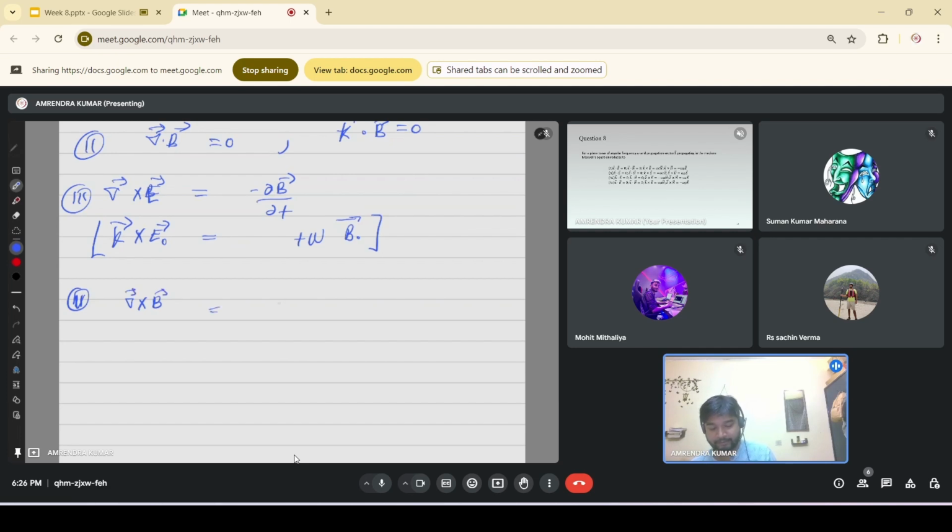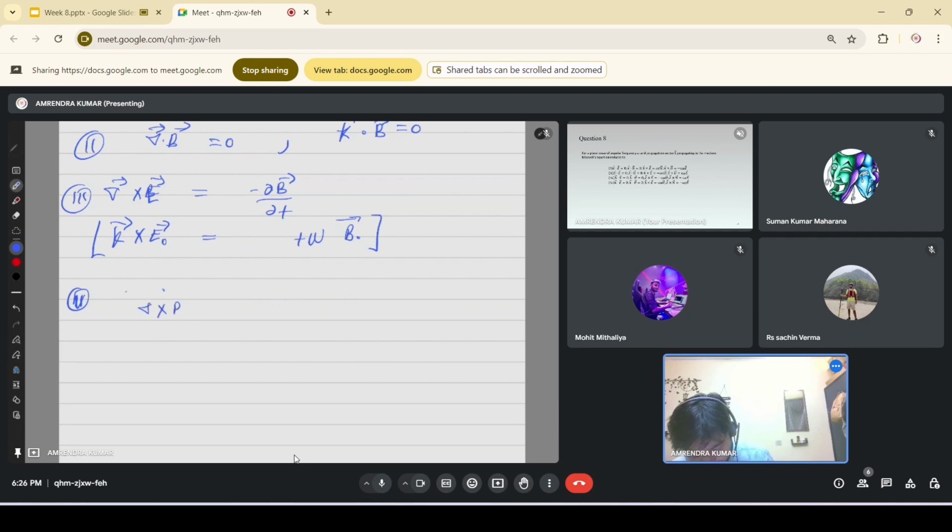So we have to just calculate the mu epsilon del E over del t, and del E over del t will give you omega, and there will be a minus sign because of this derivative, and they both will cancel out, and this del cross B will be something like, sorry, let me write this down.